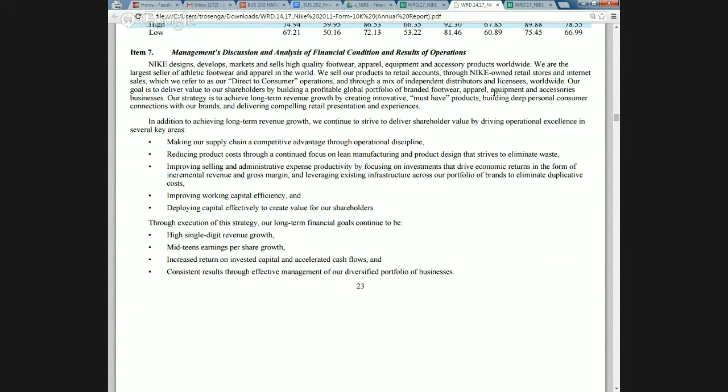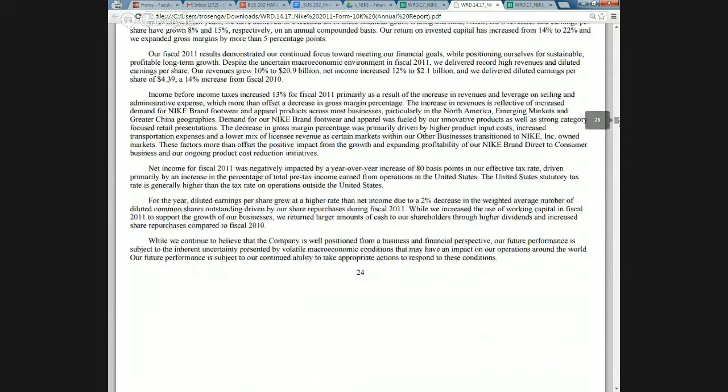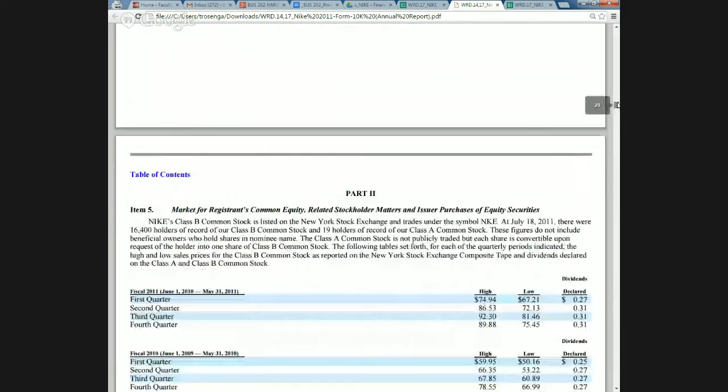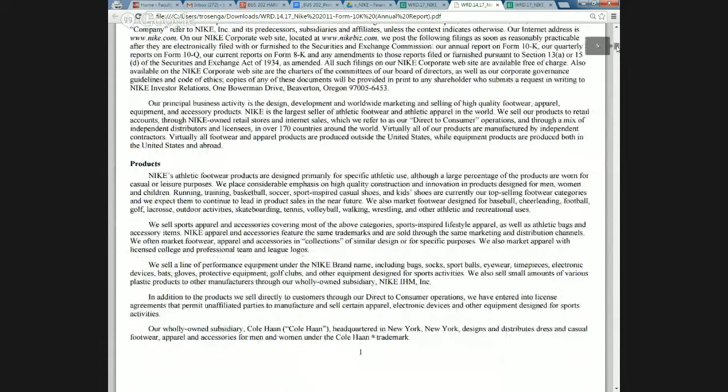And you can see just on the summary page here some of the items that Nike is stating as the groundwork for the financial statements that you see. The management discussion and analysis is a fairly lengthy and in-depth report of the assumptions and the framework that the company uses in preparing its financial statements and its financial forecasts. Every annual report is required to have one of those.